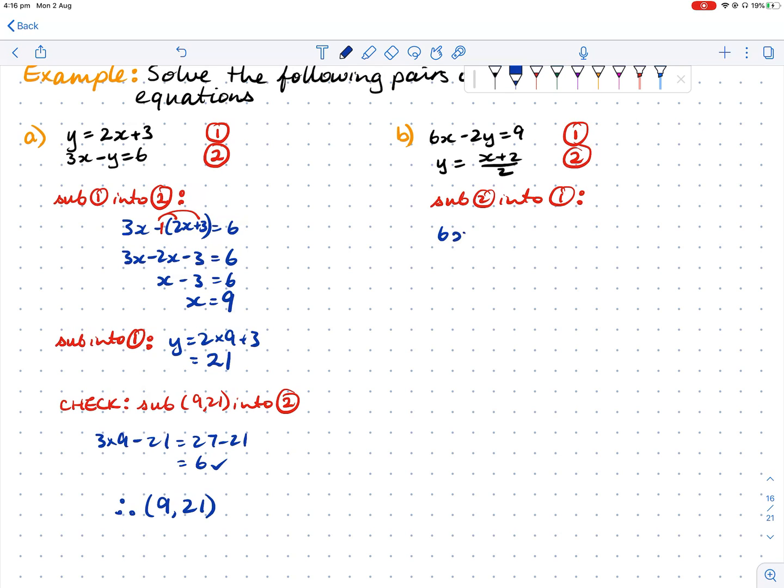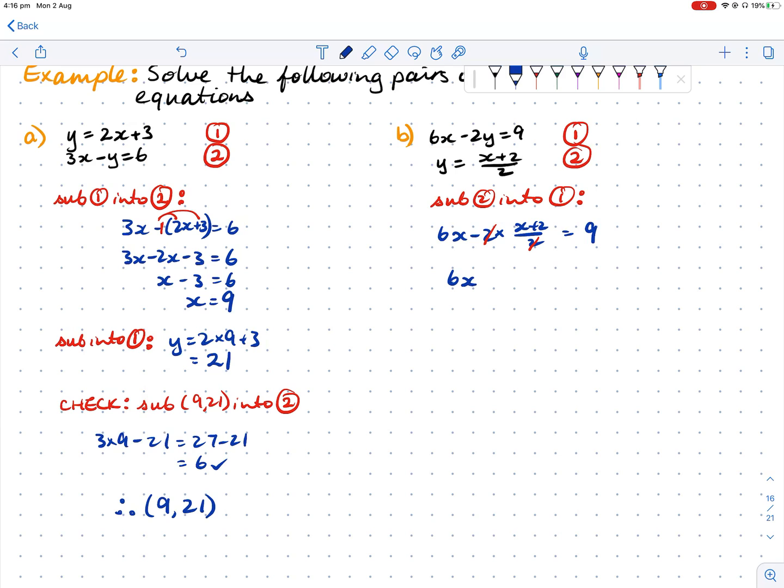We're starting with 6x minus 2y equals 9. And what we're doing is getting rid of the y and replacing it with (x plus 2) over 2. I might actually rewrite that: 6x minus 2 times (x plus 2) over 2 equals 9. Now, one nice thing comes out here because you've got a 2 in the denominator and a multiplication of 2 in the numerator, so they'll cancel.